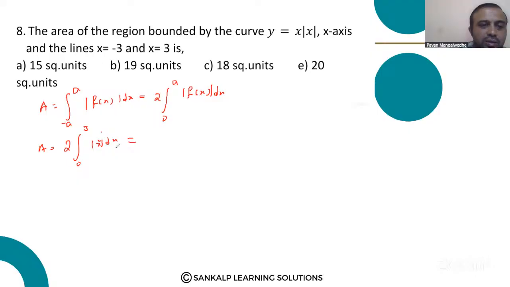So A is equal to 2 into integration of 0 to 3 x square dx.